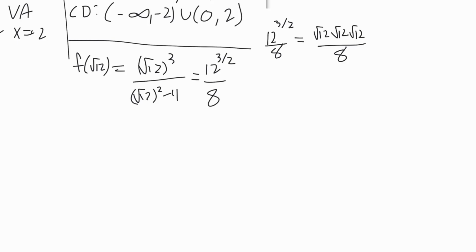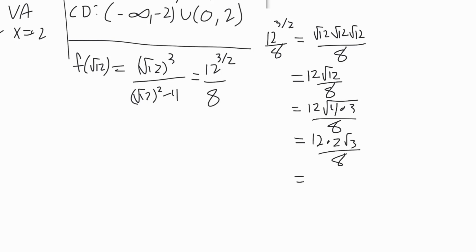Well, 2 of those can be combined together to just give us a 12. And then I can work a little bit further. I know that root 12, of course, is going to be 4 times 3. So I've got root 4 times 3. Root of 4 is going to be 2, so I've got 12 times 2 root 3. So that gives me 24 root 3 over 8. And 24 over 8 will be 3. So I could finally simplify my answer to 3 root 3.